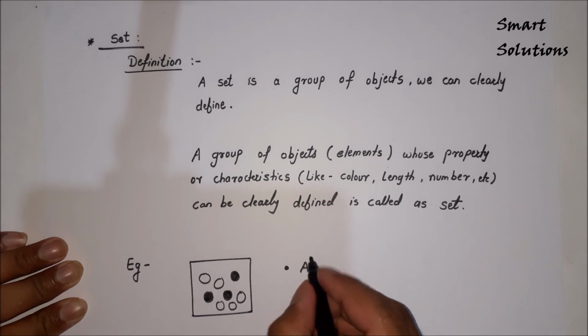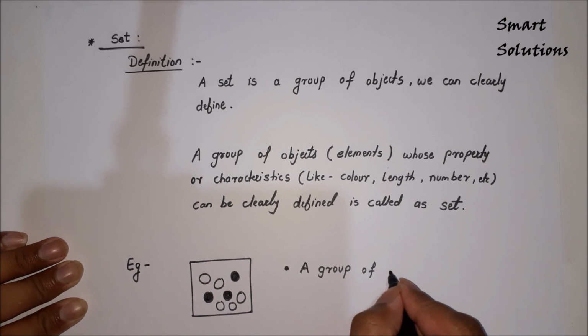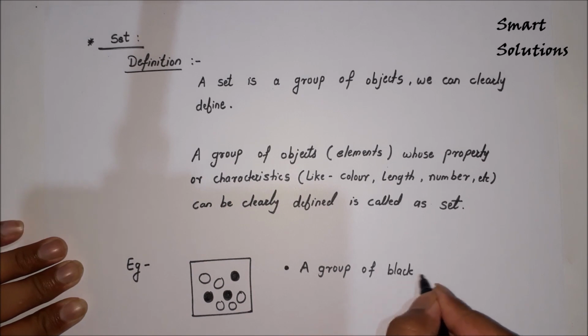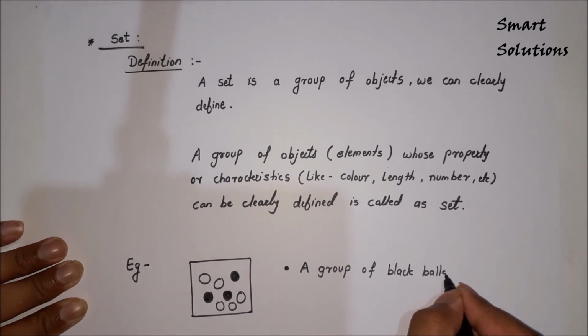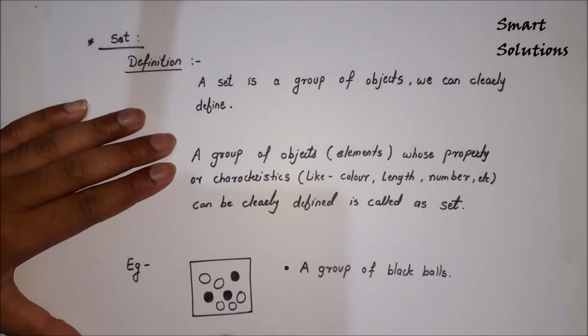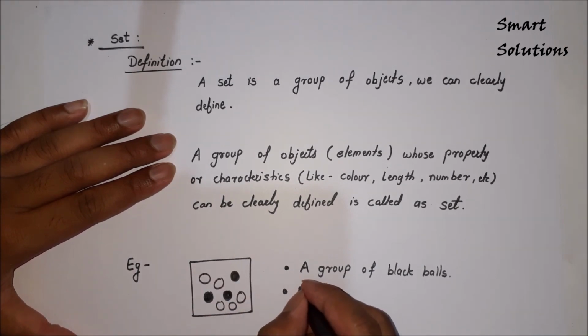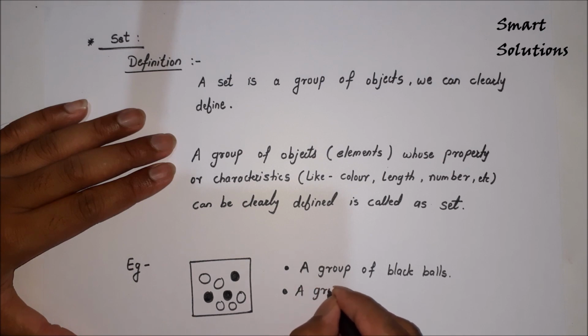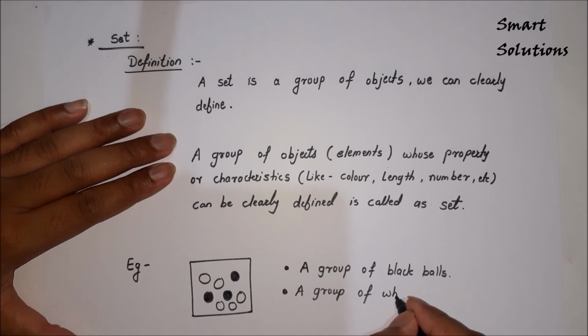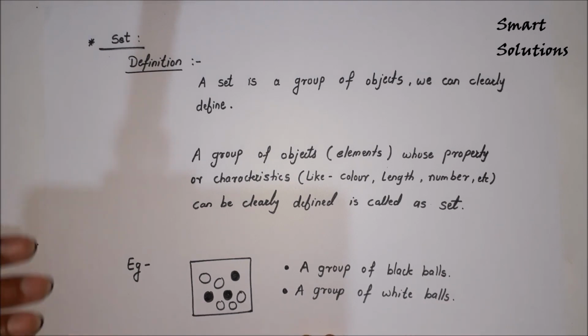So you can say a group of black balls. Now this is actually a set, because among all the balls there are some black balls. There could be another group, that is a group of white balls. So this is your second group, and this can also be called a set.